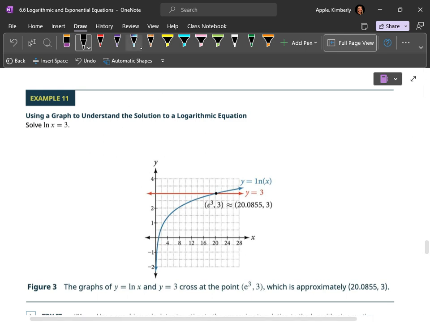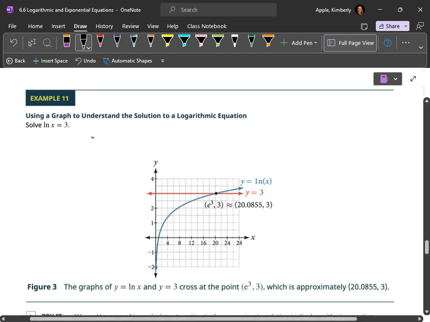So solving ln of x equals 3, we should raise both sides as a power of e. And then we'll obtain that x is equal to e to the 3. And so here, we'll see e to the 3 is approximately 20.0855. And you'll see that in contrast to the earlier equation that had no solution, when we graph both sides of the equal sign, we do obtain this intersection, which is in effect our solution.